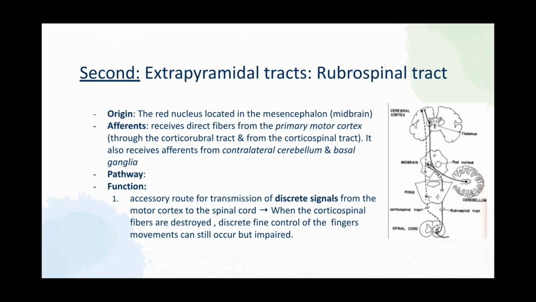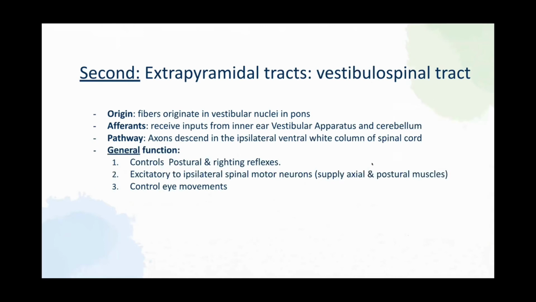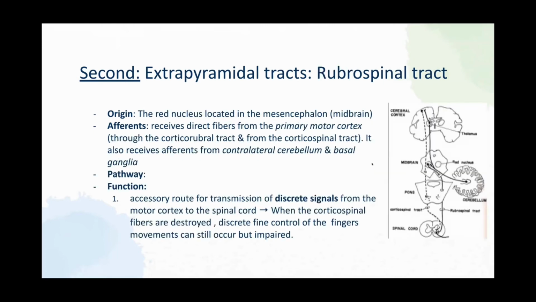The rubrospinal tract controls the fine movements of the hands and the fingers. One more point: if you notice, it descends on the lateral side of the spinal cord. So we have the lateral rubrospinal tract and the lateral corticospinal tract we talked about before, together sometimes called the lateral motor system because they're both on the lateral side of the spinal cord.